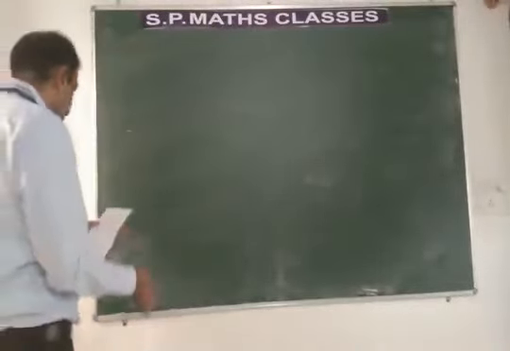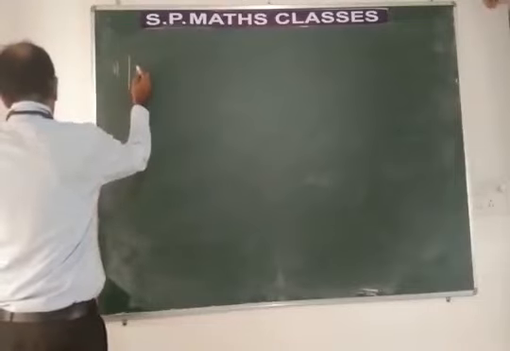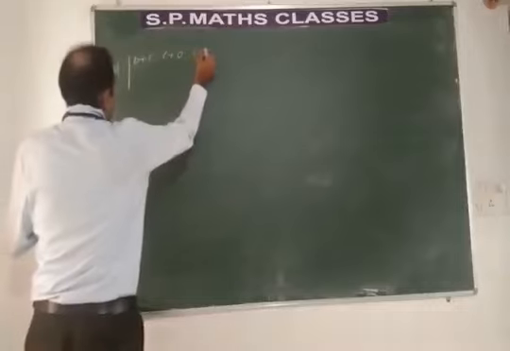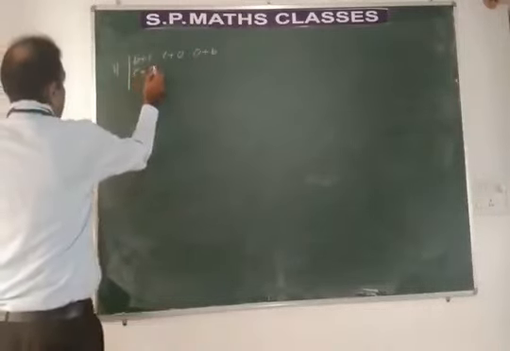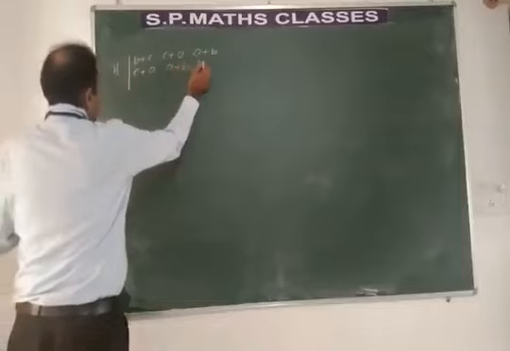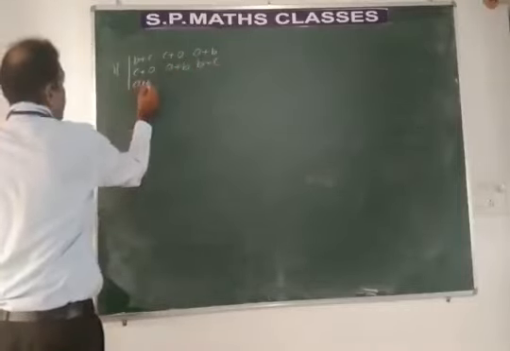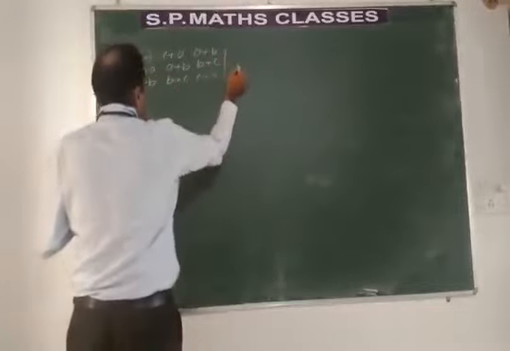It is given that the determinant of b plus c, c plus a, a plus b; c plus a, a plus b, b plus c; a plus b, b plus c, c plus a is equal to 0.